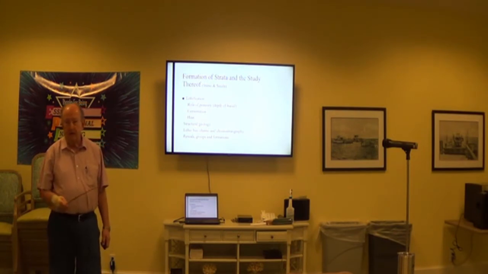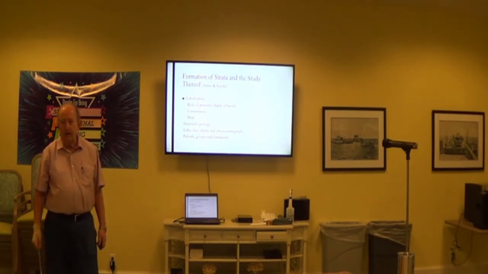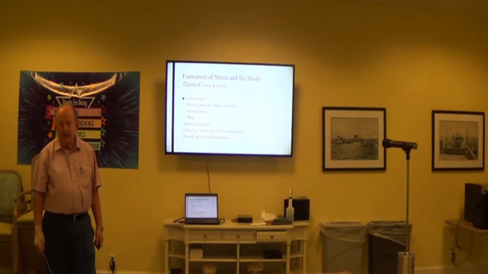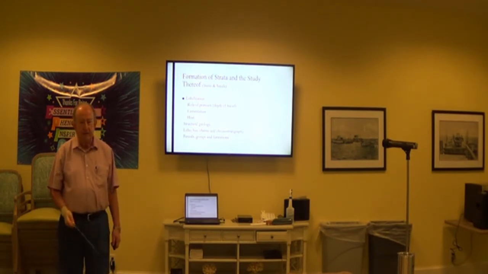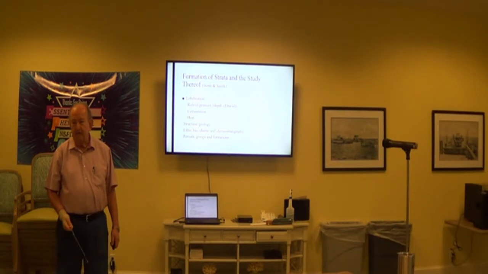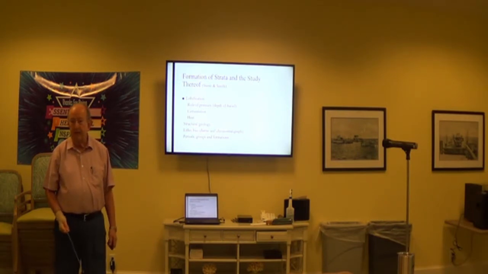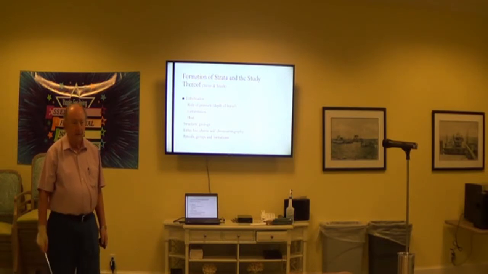And so that started the science of stratigraphy. You could correlate over rather long distances. And in fact, we'll get to this a little later, but many of the geologic periods have British names because they were mapped first in Britain and named by British geologists.